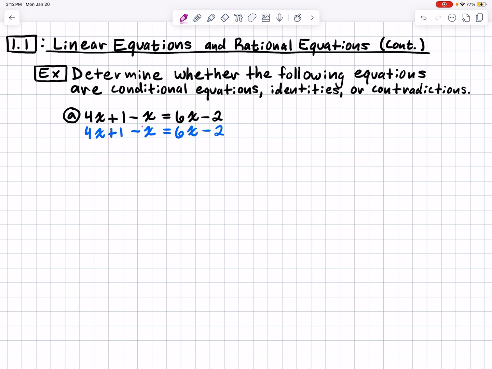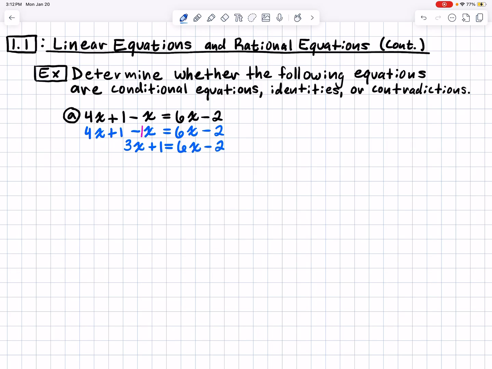And we secretly have a 1 right here. So I have both a 4x plus 1 and a minus 1x. So 4 minus 1 is 3, so when I combine them, I get 3x. And then that plus 1 just stays the same. Equals, and on this right-hand side, there's nothing to combine, so that's 6x minus 2.